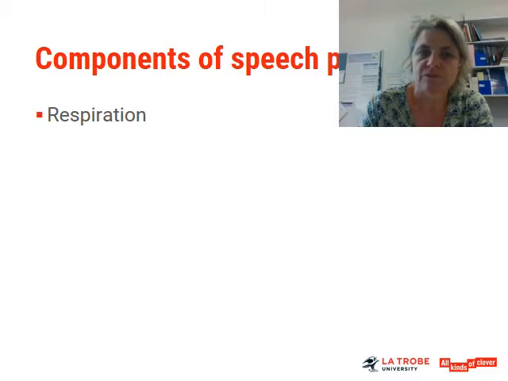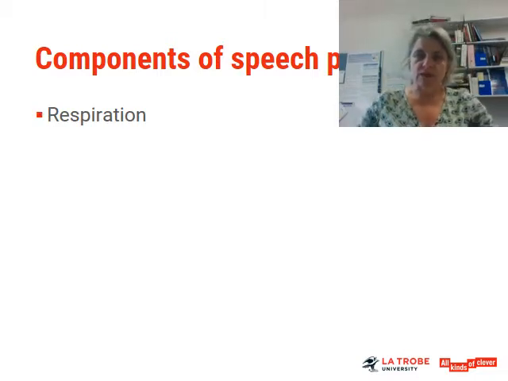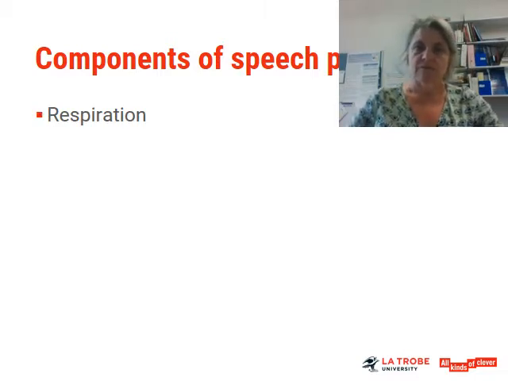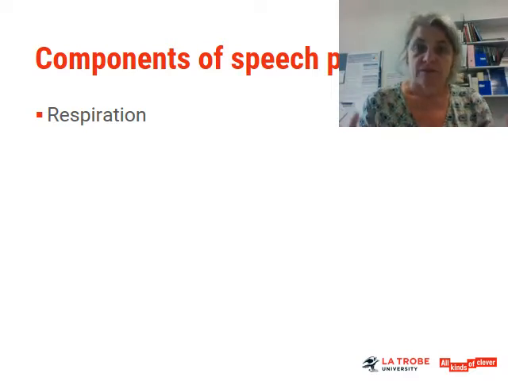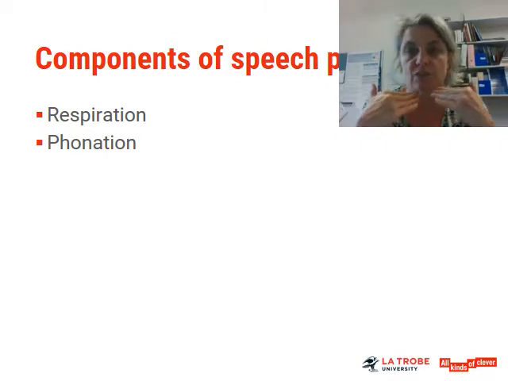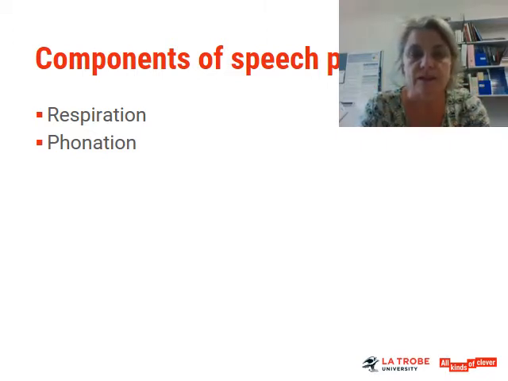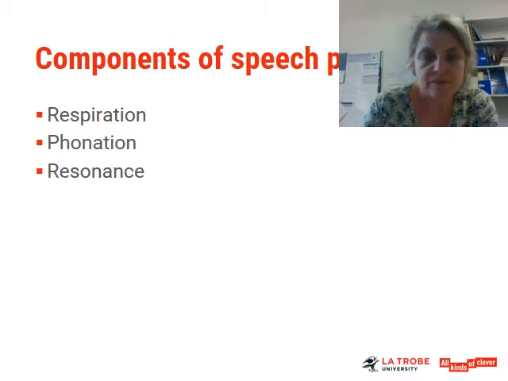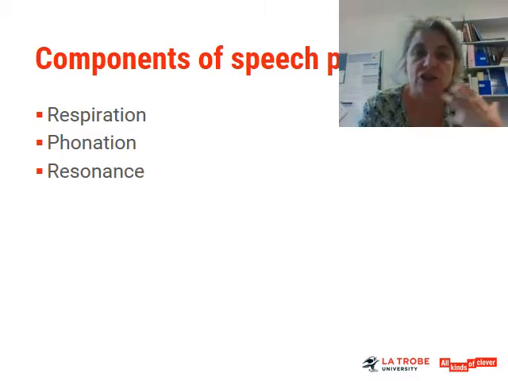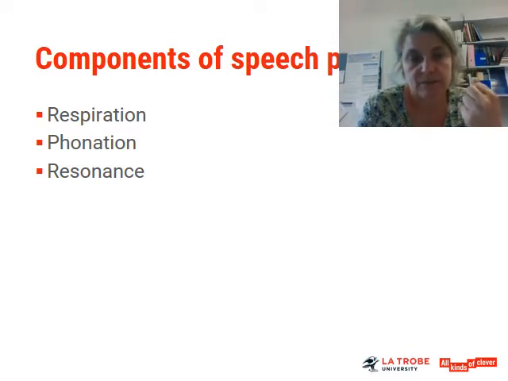What's involved? Well, we need respiration. We need some lung support to power your voice. And we need phonation. We need the vocal folds coming together, adducting, to produce a voice sound. Then we need to shape the voice to make it into a speech sound.